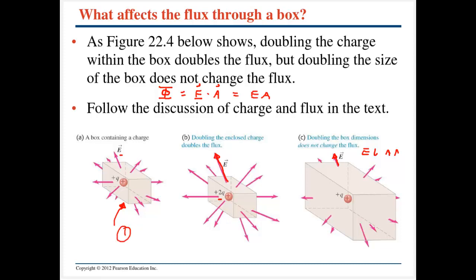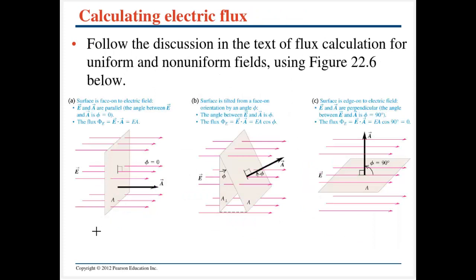Important takeaway from this slide is that the size of the box that you draw is not going to affect the flux. Something to think about: suppose we have a uniform electric field and a single sheet with area A right here. How much flux am I going to have? Again, in the easiest possible case, the flux is going to be equal to the electric field multiplied by the area.